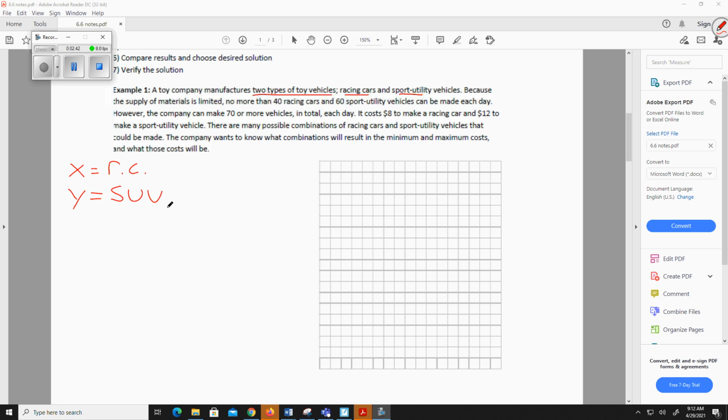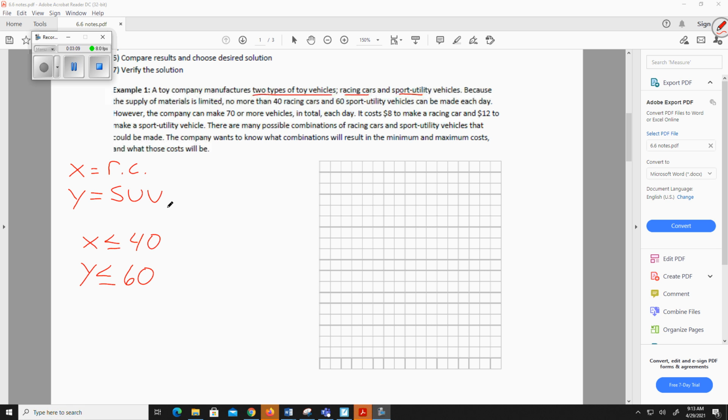Because the supply of materials is limited, no more than 40 racing cars and 60 sport utility cars can be made each day. So for racing cars, X has to be less than or equal to 40. And sport utility vehicles can be no more, so Y is less than or equal to 60.